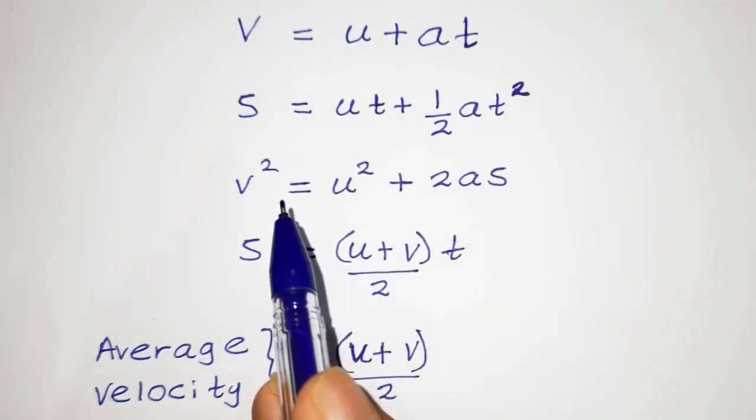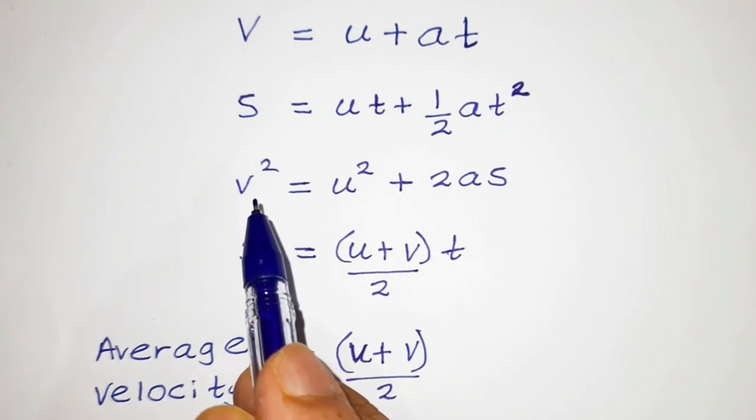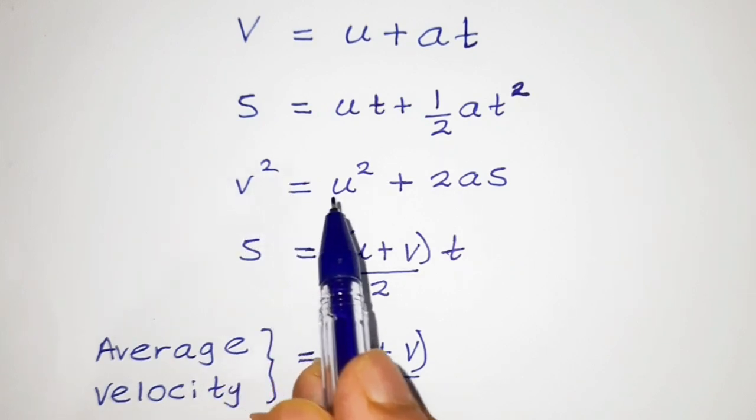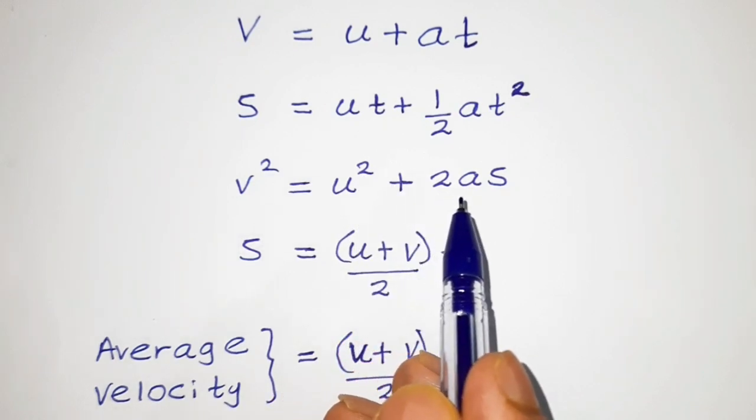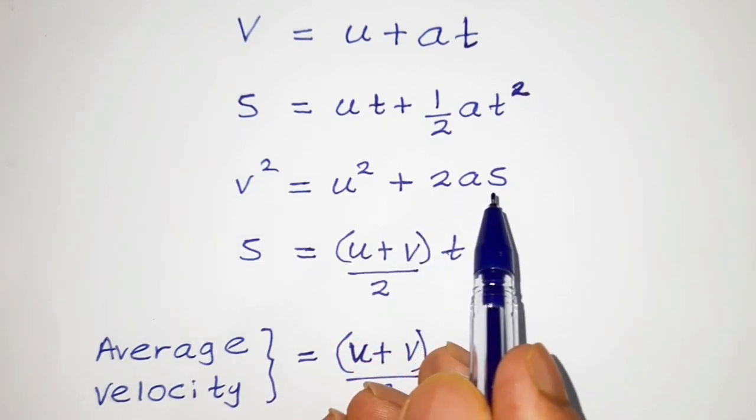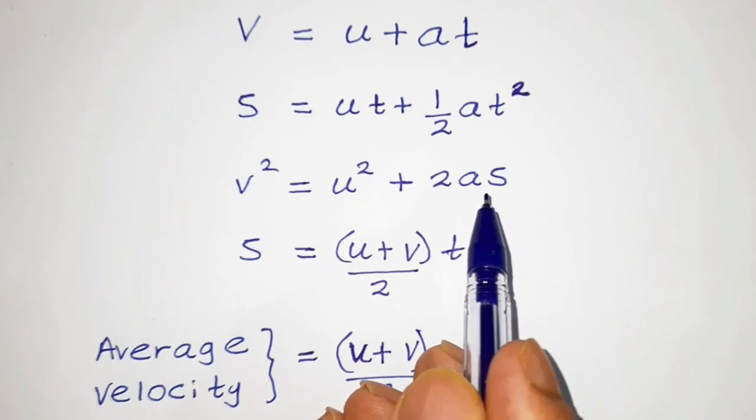The third equation states that the final velocity squared is equal to the initial velocity squared plus 2 times the acceleration times the displacement of the position of an object relative to a point of origin.